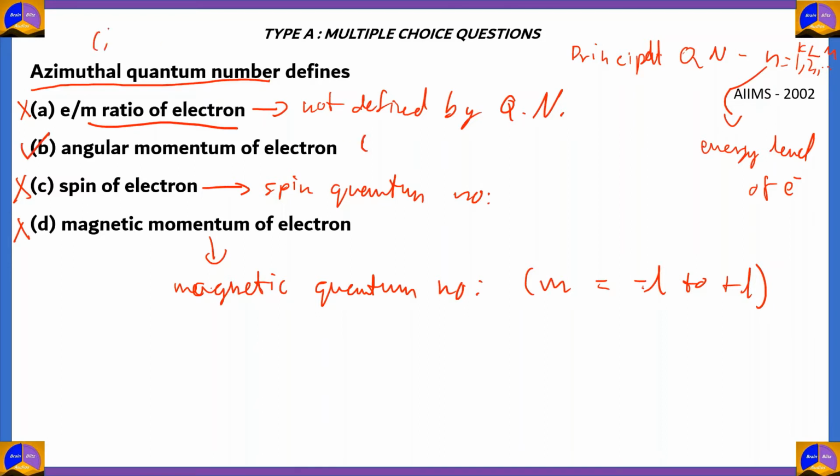Azimuthal quantum number is defined by L, which is equal to n minus 1. It has the values of 0, 1, 2, 3, which are discovered so far, and those represent s, p, d, and f subshells.